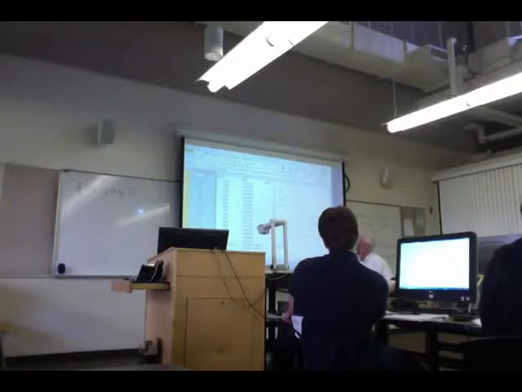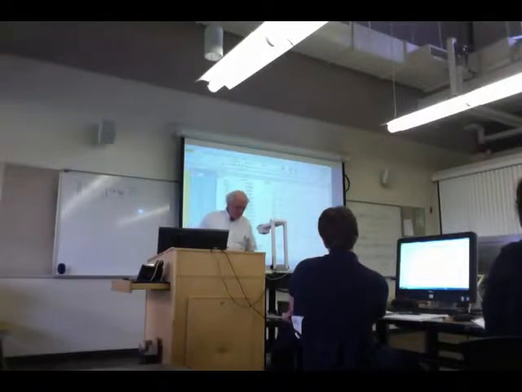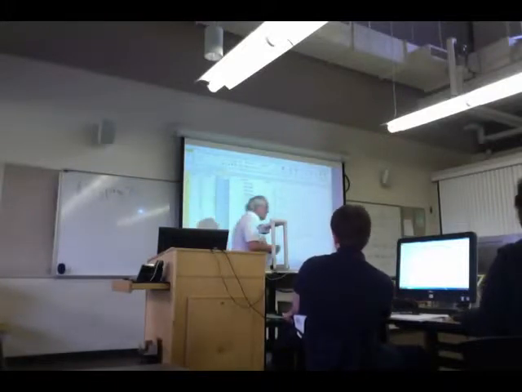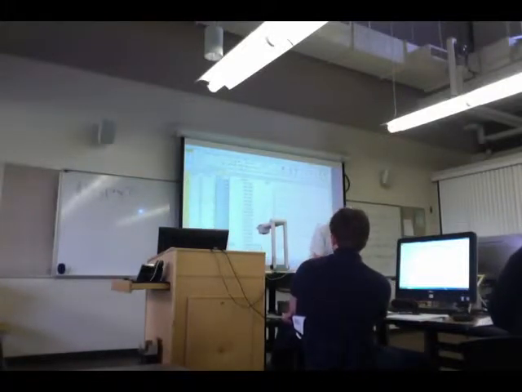Now, in part A, it says find the median and the IQR. Let's hold for that. Let's do B first. When I compute the mean, what do I do? I add all the heights together, and I divide by the total number of individuals in the group.